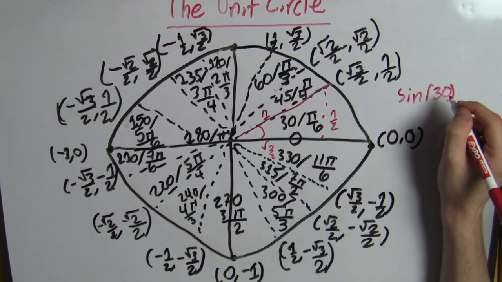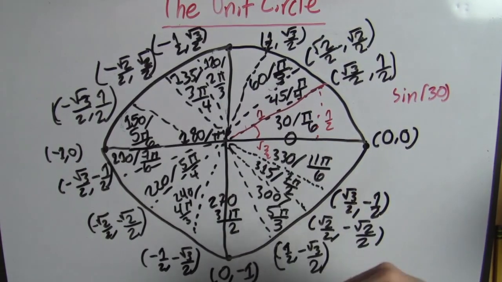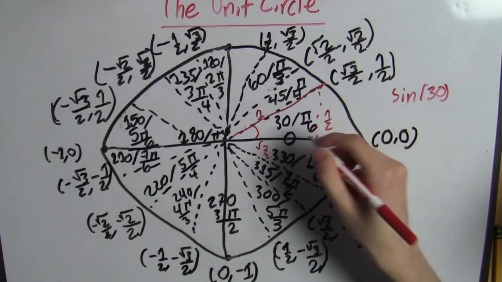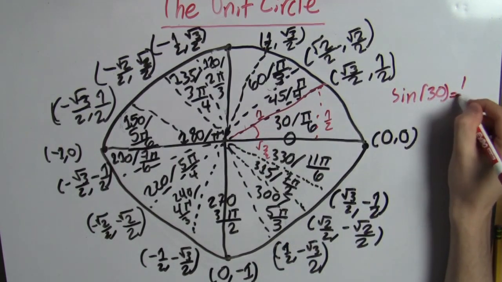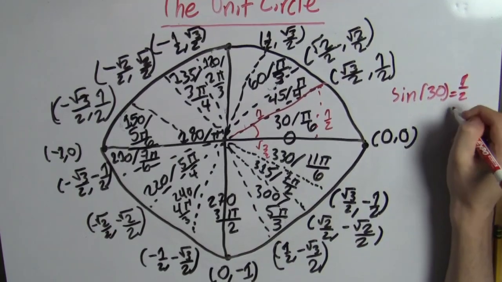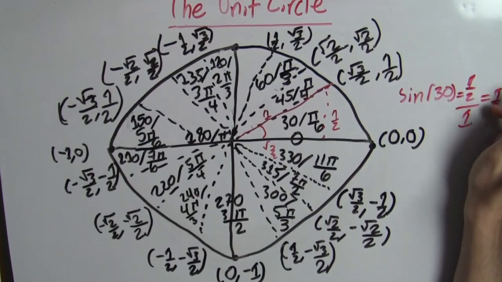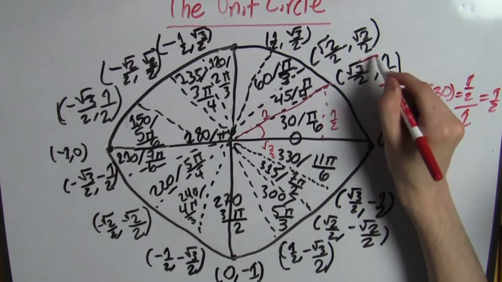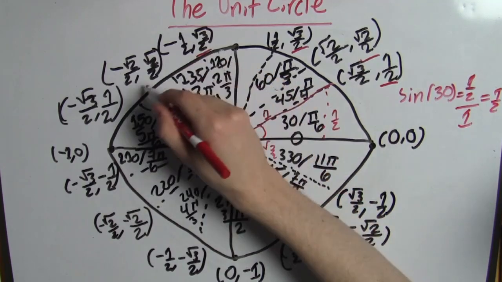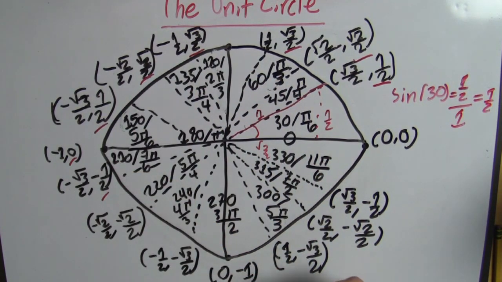Well, we know the sine is the opposite side over the hypotenuse, so it would be 1/2 over 1, or 1/2. The neat thing about the unit circle is that all the y values for this unit circle are the sines of those corresponding angles.